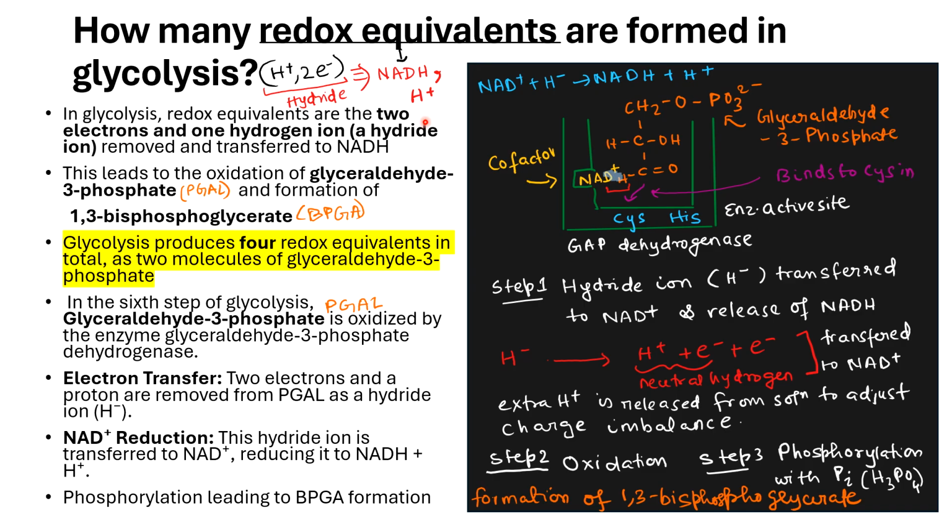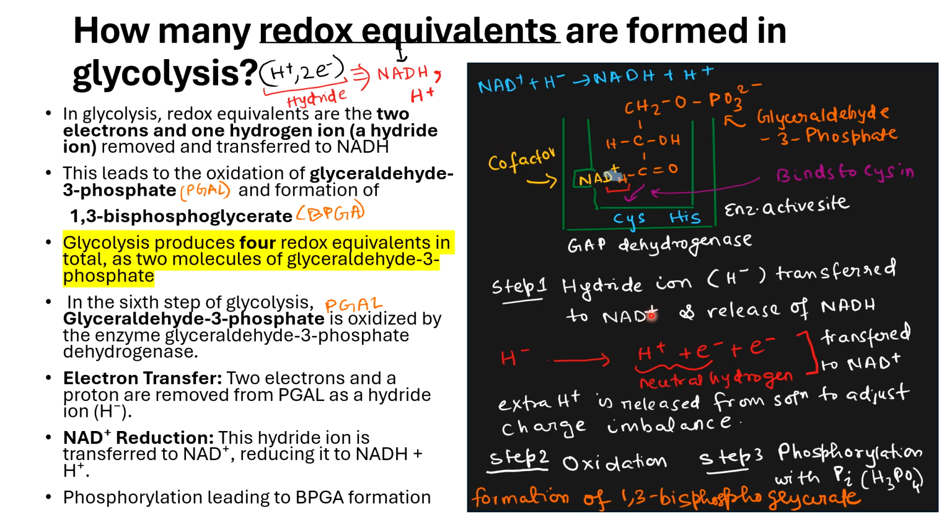In other words, the NAD+, which is taking up this hydride ion, becomes NADH, and also one extra H+ is released. So these NADH and H+ can also be considered as the redox equivalents formed in glycolysis.